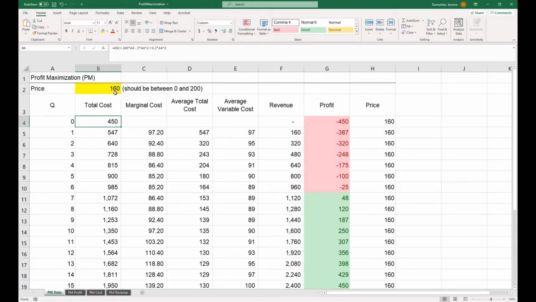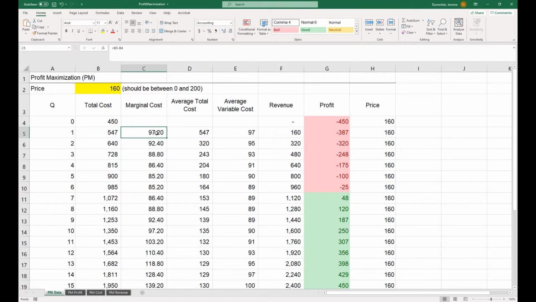Now note that in the 3 subsequent columns, I have calculated the marginal cost, the average total cost, and the average variable cost. The marginal cost is the additional increase in cost from producing 1 more unit of output.